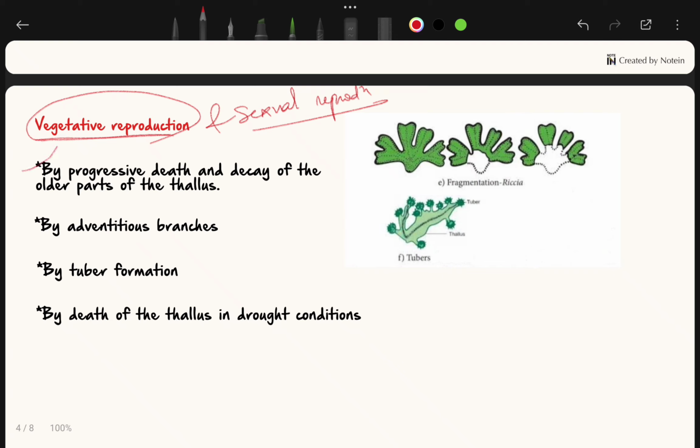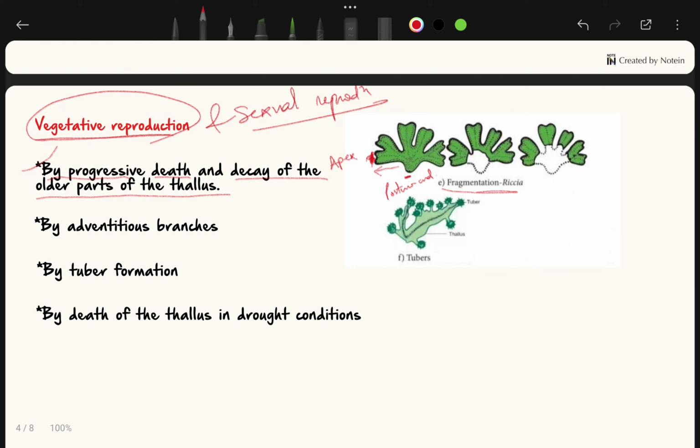So the first point is progressive death and decay of the older parts of the thallus, that is, fragmentation, which is found in Riccia. The portion that you can see here is known as the apex, and this region is known as the posterior end. So the plant body will grow in this direction.